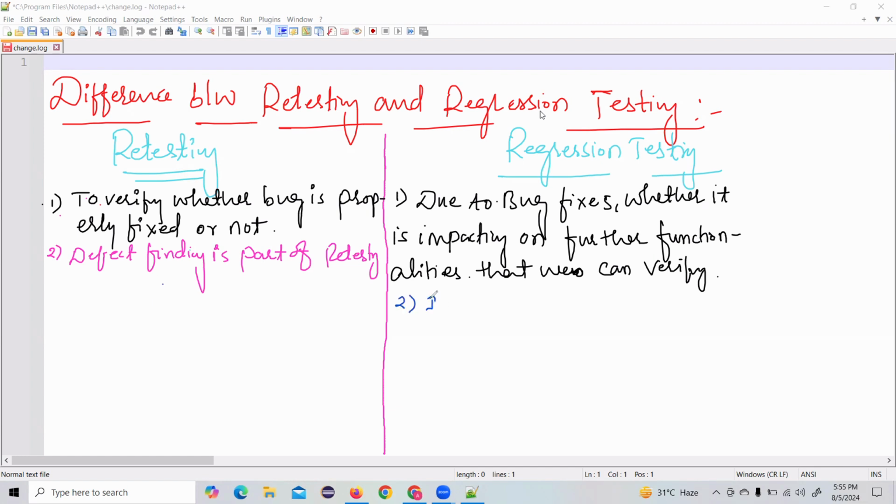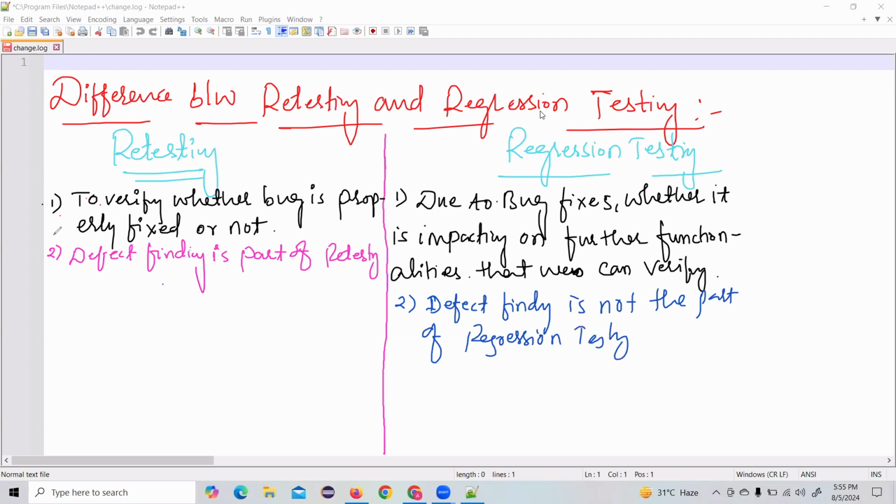Here, defect finding is not part of regression testing. Then anything else?